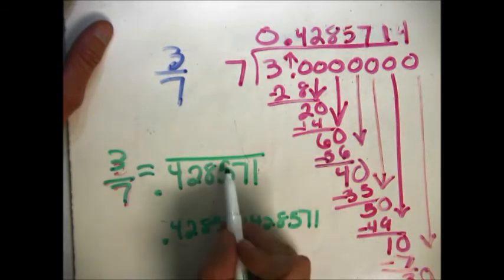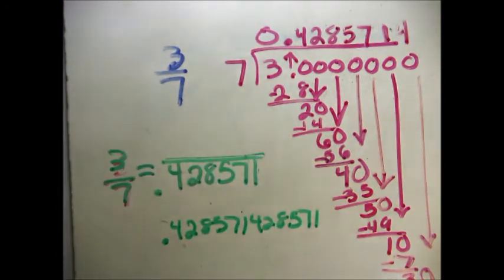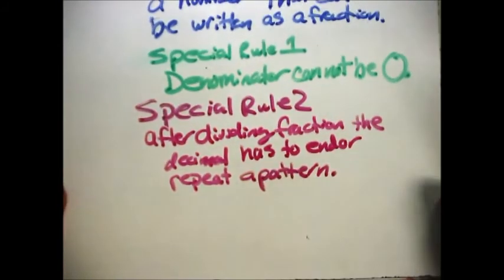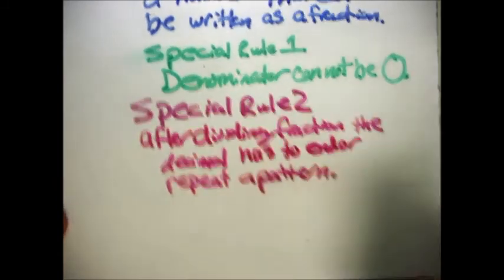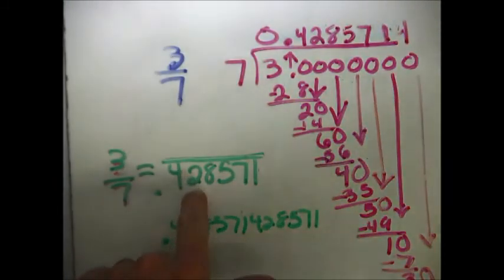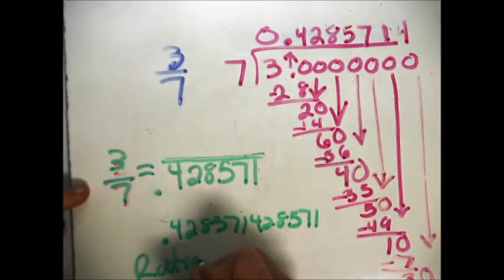So instead of writing this, I do what is called bar notation. Okay, so according to special rule 2, it says that after dividing the fraction, the decimal has to end or have a repeating pattern. This has a repeating pattern. Therefore, 3/7 is rational.